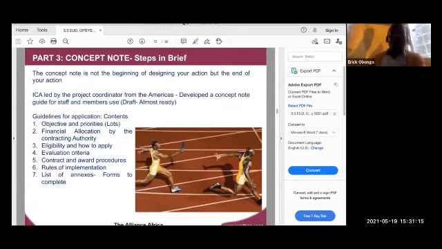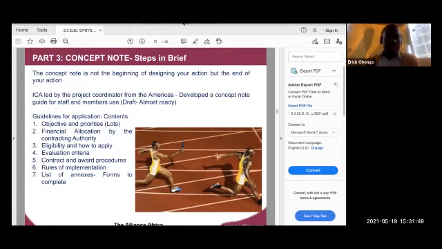So for the concept note steps, I've just listed, but it's more or less what I've just shared with you. You need to understand the objectives of the call and the priorities which they are focusing on. Sometimes you find there are 2 or 3 priorities that they are focusing on, and most of the times the expectation is that the European Commission requires applicants to focus on one or two priorities.